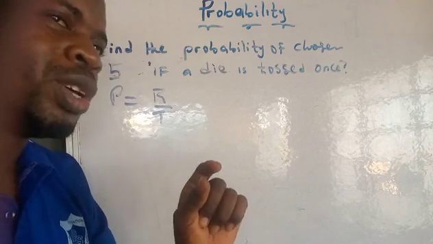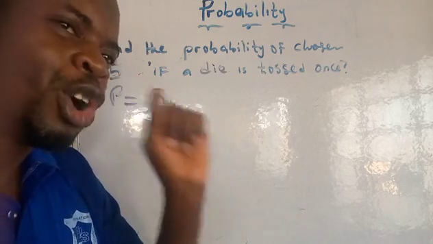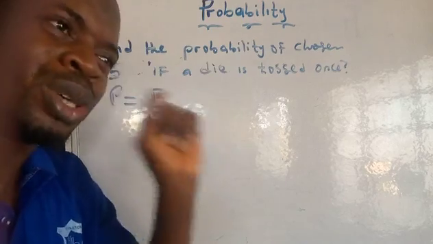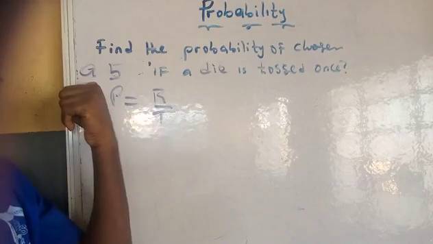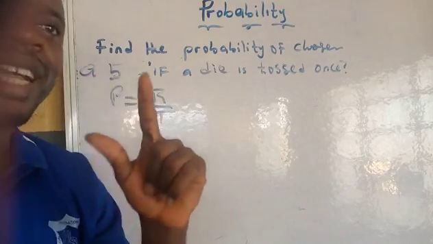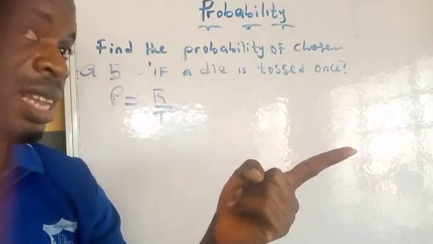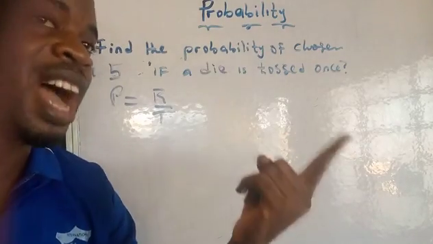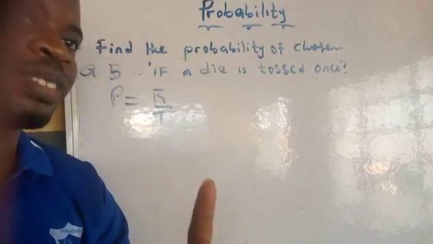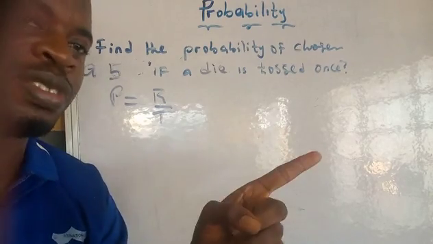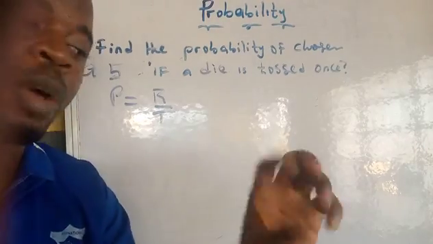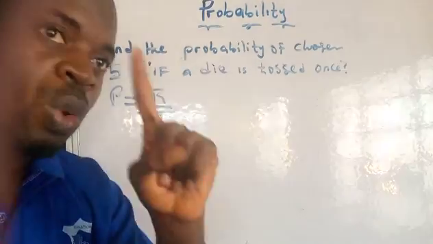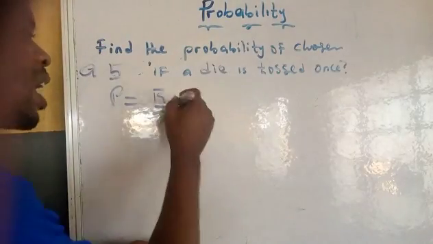Required outcome is the number of items which the question focuses on. So the question focuses on what now? A 5. Then, how many 5s do we have on a die? Don't forget the number of that 5 is what we are writing. When you have a die, how many 5s do you have there? One. So your required outcome is now 1.